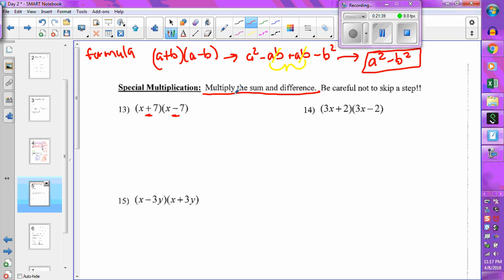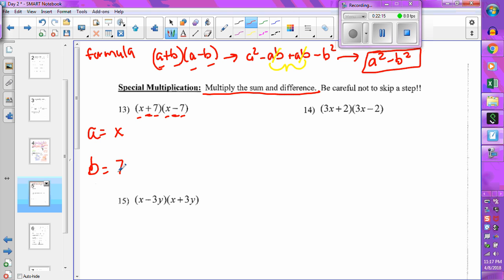Okay, this formula is only going to work when you're multiplying the sum and the difference. Let me show you how this would work. If we were to do this problem right here, I'm going to write an A and a B, representing the A's and the B's that we have up here. My A would be my x's, and my B's would be my 7's.